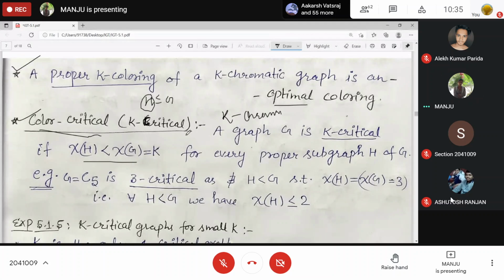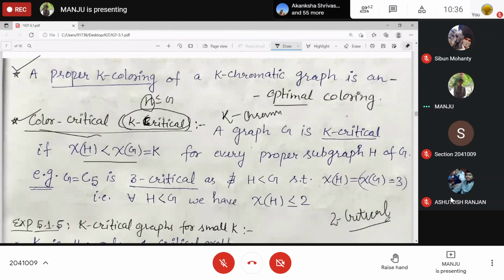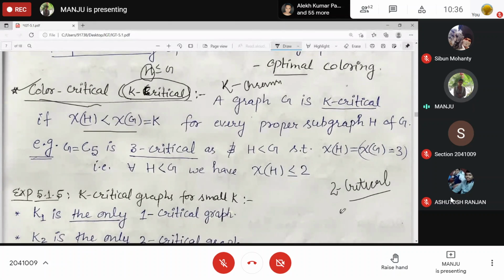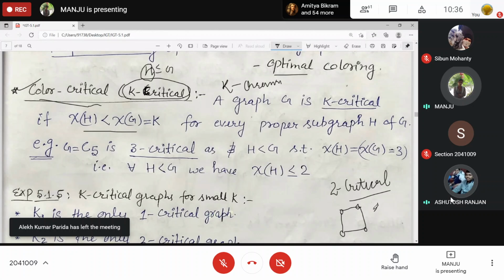So, can we say an even cycle is 2 critical? C4 you can take, C6 you can take. Will it be 2 critical? The chromatic number is 2, right?